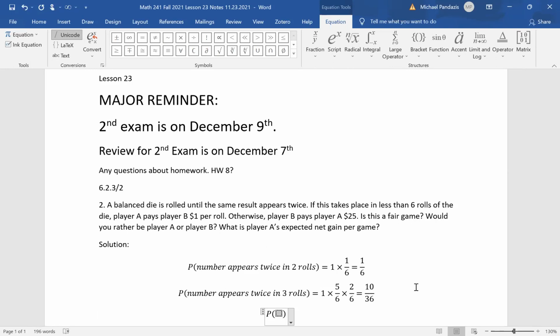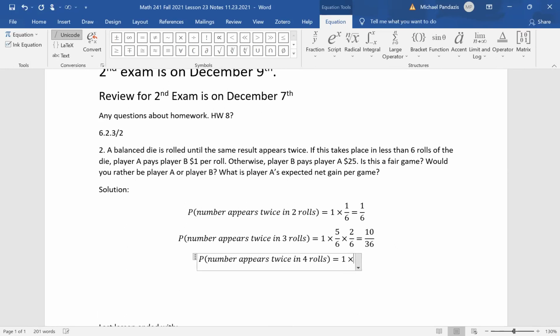And the probability that a number appears twice and it takes 4 rolls is: you can roll anything the first time, times 5/6, since it has to be different from the first one. Now the next one has to be different from the first 2, so there's a 4/6 chance of that.